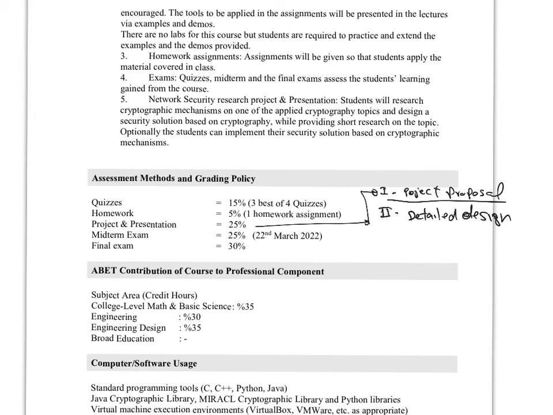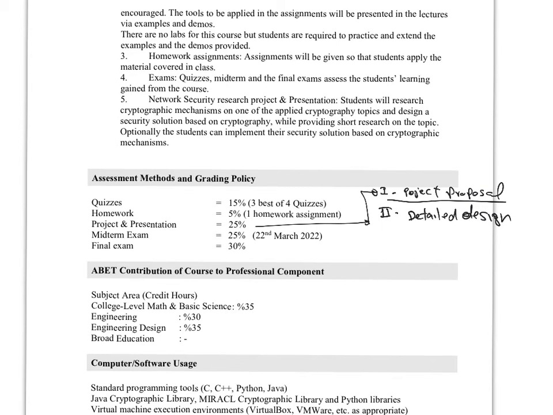So you are not required to include in the report anything about the results. For phase 2, I'm also going to provide some template that you can use to write your paper, and what contents I'm expecting in this paper.